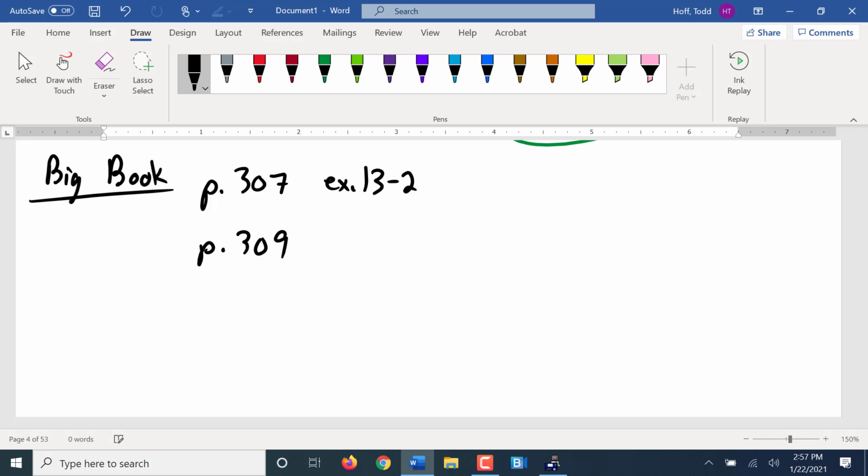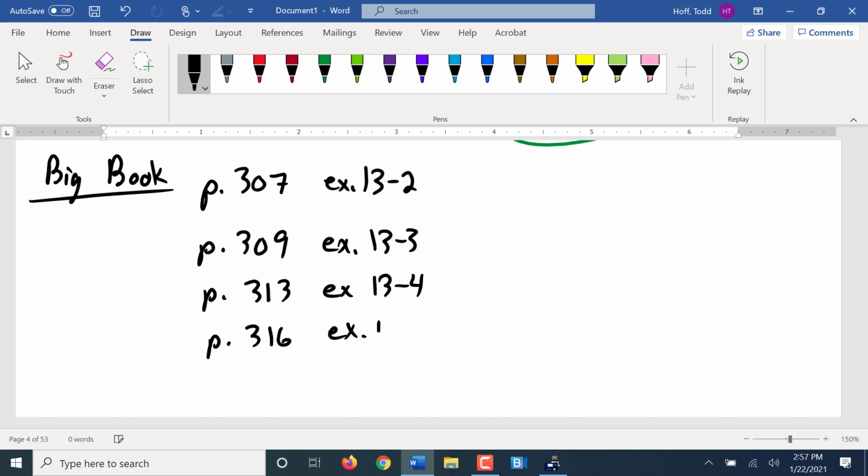Page 309, exercise 13.3. Page 313, exercise 13-4. Page 316, exercise 13-5. Those are the operations with our algebraic numbers that we were looking at in the first hour.